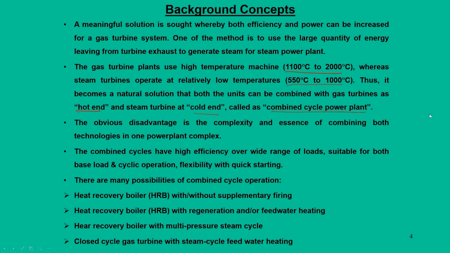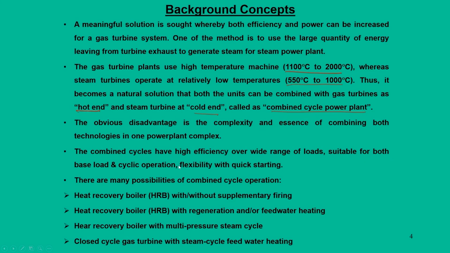However, such a combination has a disadvantage: it increases the complexity, and second, it combines both technologies in one power plant complex. So, there has to be some synchronization between the gas turbine units and steam turbine units. However, the combined cycles have high efficiency over a wide range of loads.